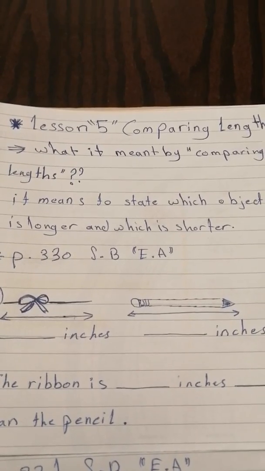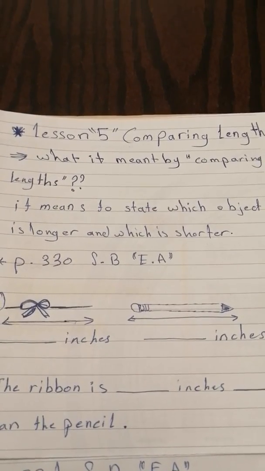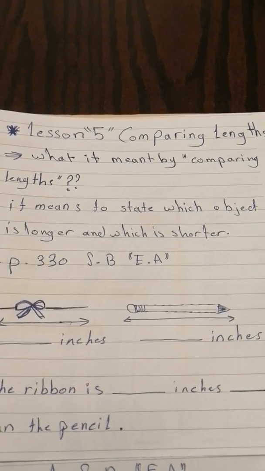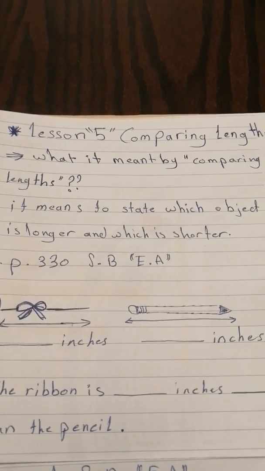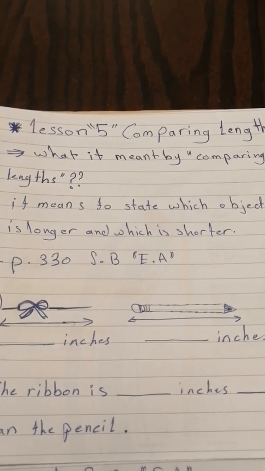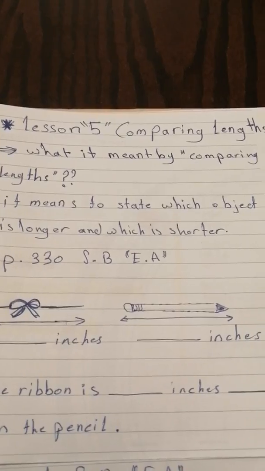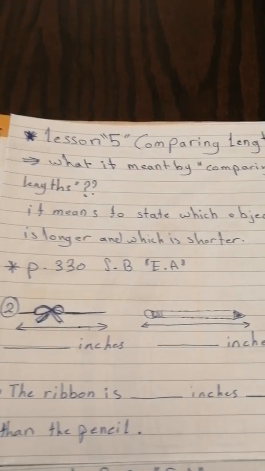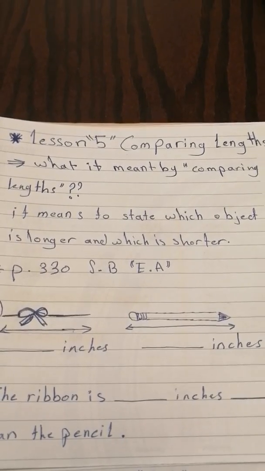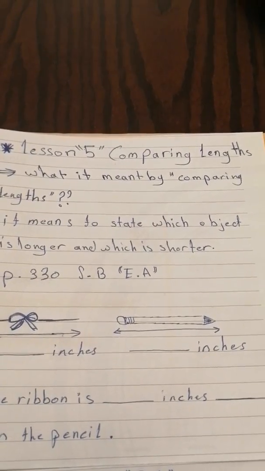We talked before in lesson 4 about selecting measuring tools in order to measure length. Now today, firstly, let us know what is meant by comparing lengths. It's a question that makes us think about how to compare lengths.